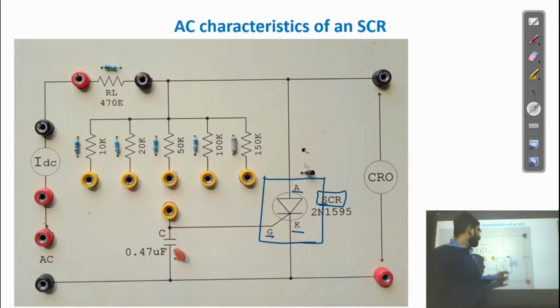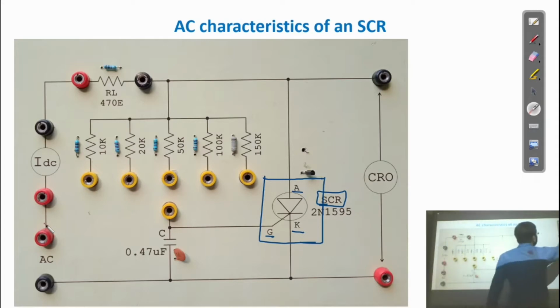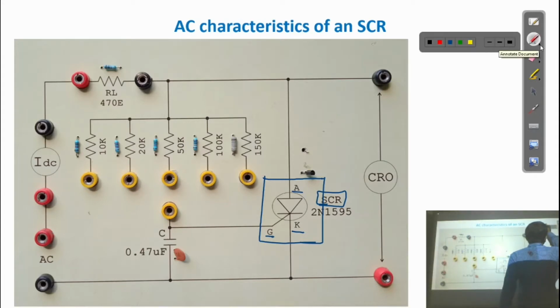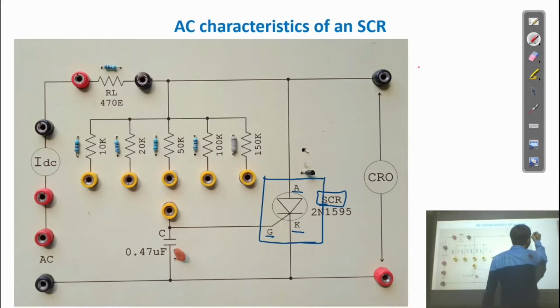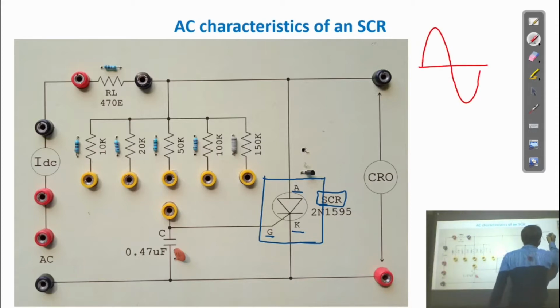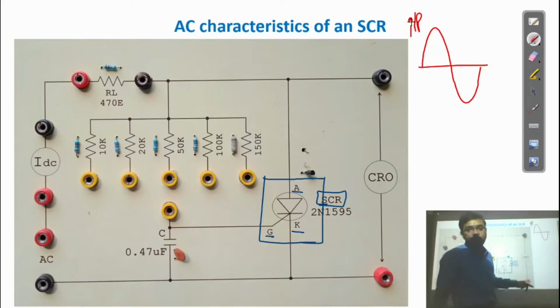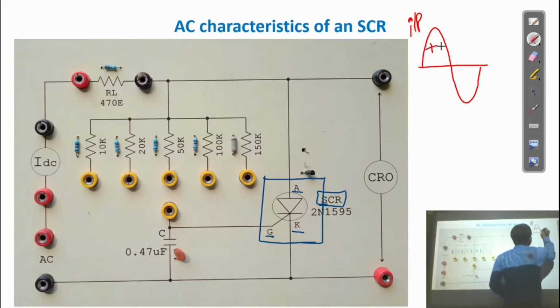Now we know that an SCR will only conduct for the first positive half cycle of an AC signal, right? If this is my AC input, then the SCR will only work for the first positive half cycle.